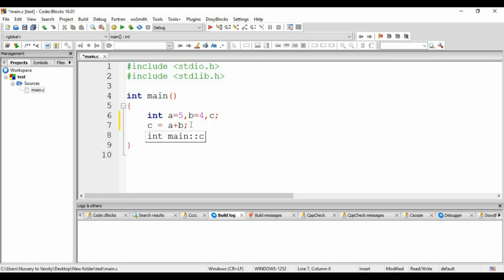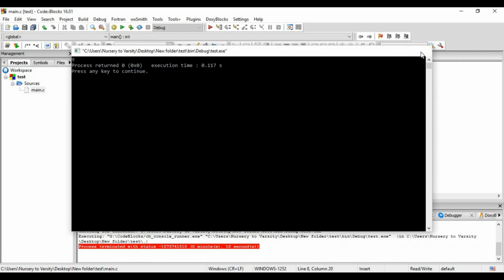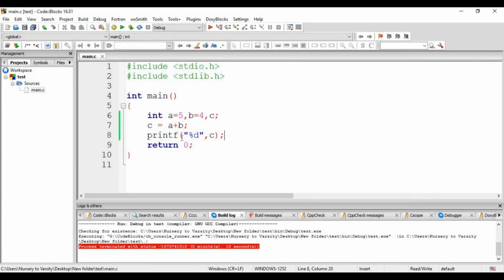So let's print it. And that's it. So let's build and execute it. And here we can see the answer is 9. Let's close it. And we have understood the plus operator.